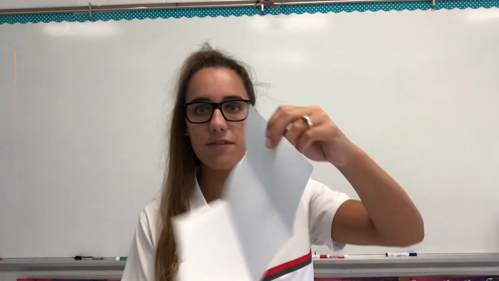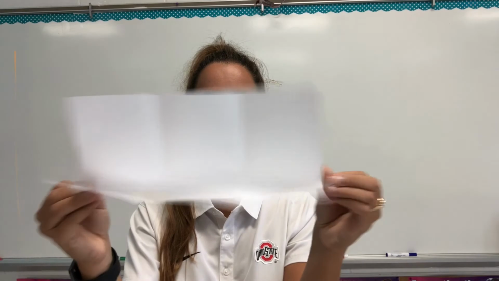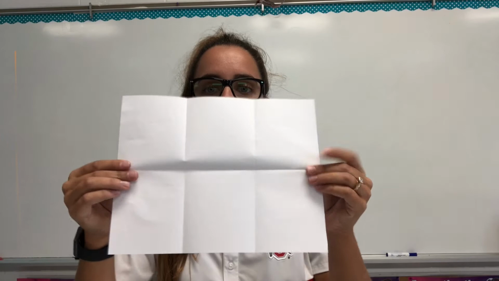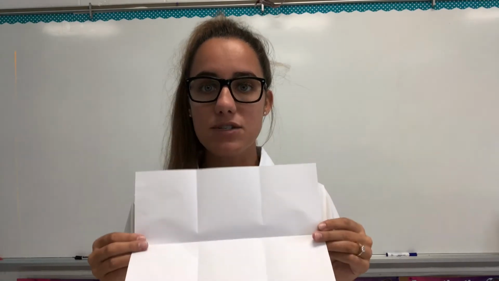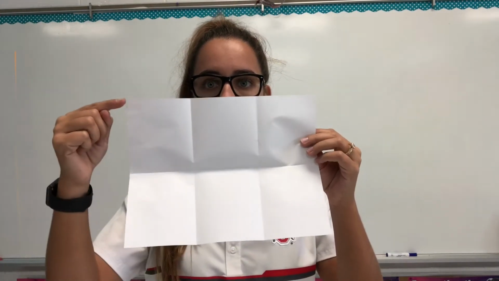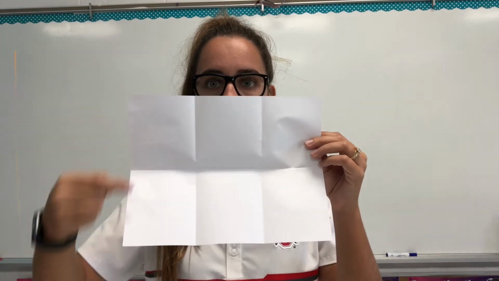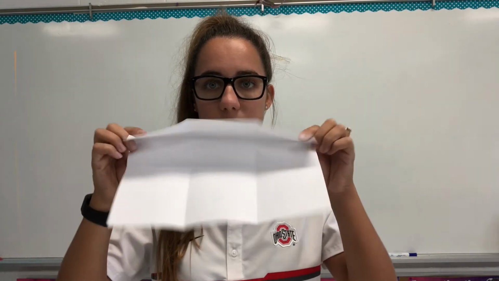Next, what you're gonna do is fold it in half long ways, like this. So that it looks something like that. And the last 2 folds that we're gonna do is going to be the top to the middle and the bottom to the middle.